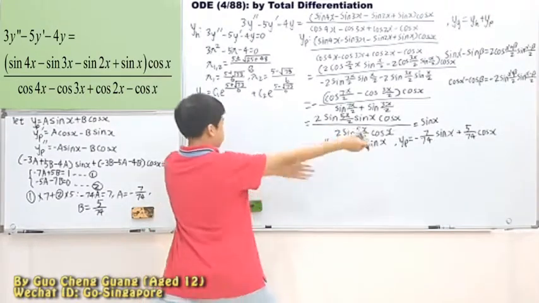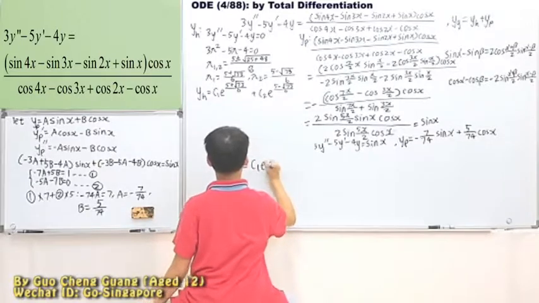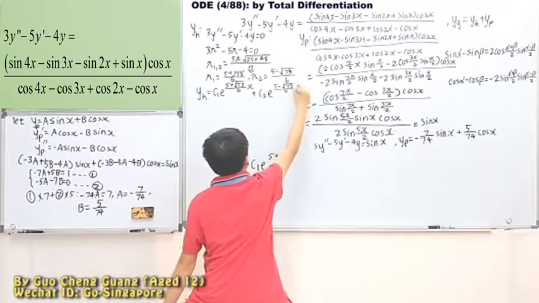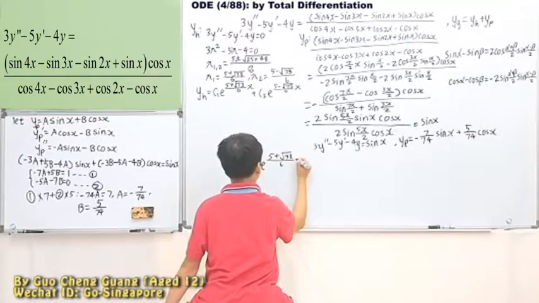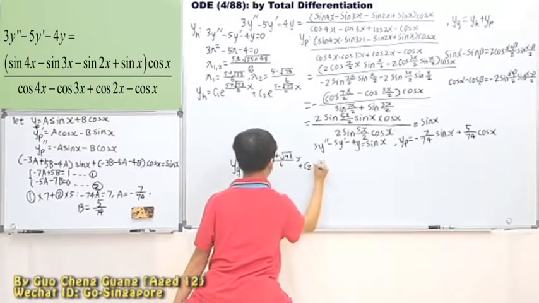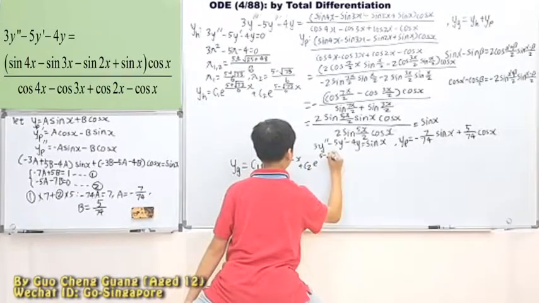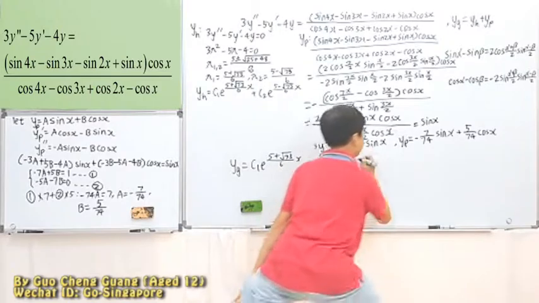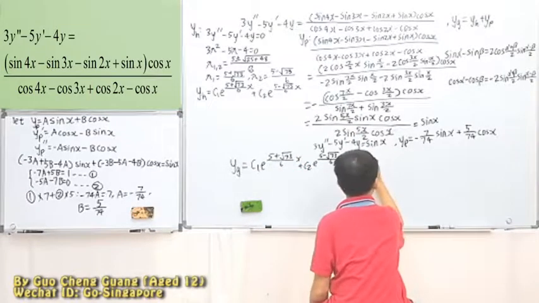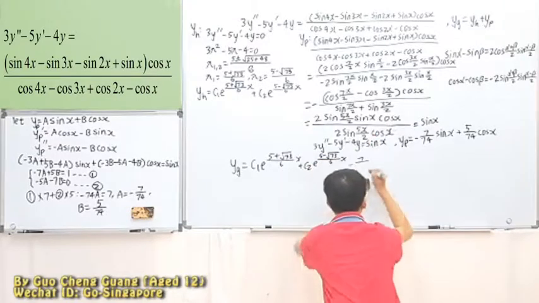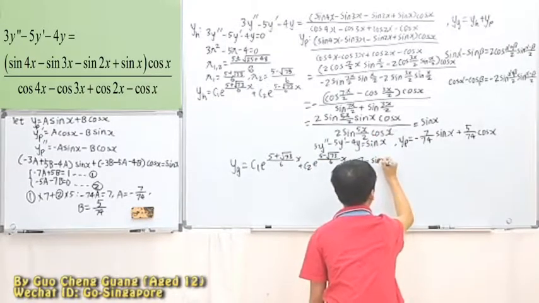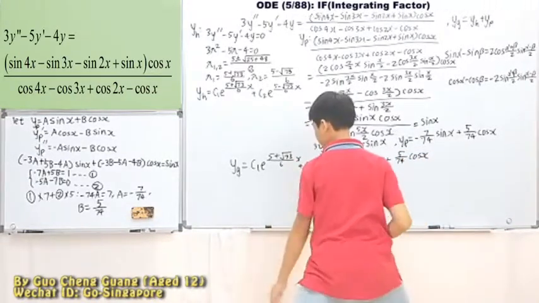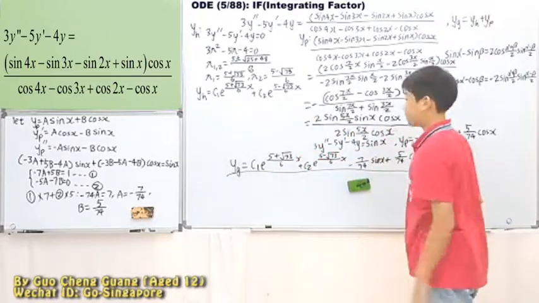Then the final step is just to find YG. YG, just these 2 parts add together. So like this, and you're done.